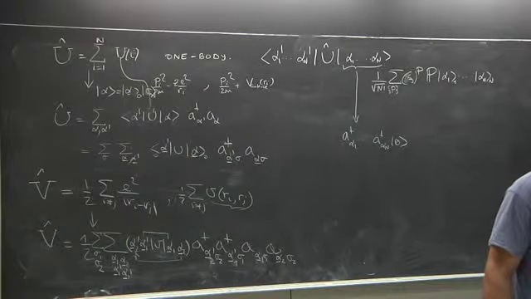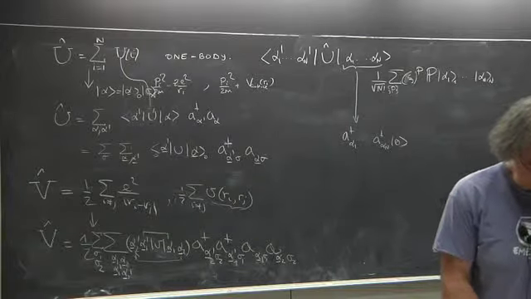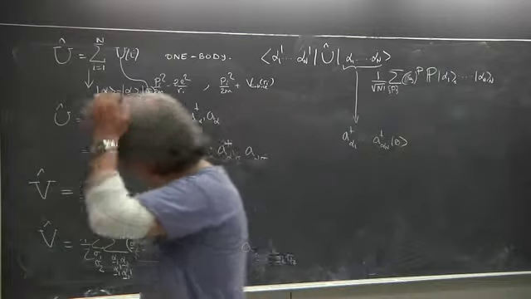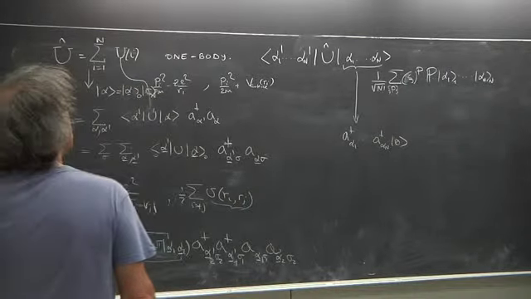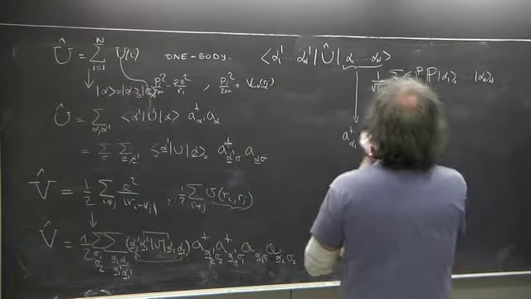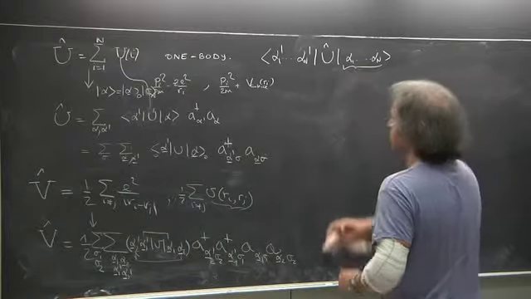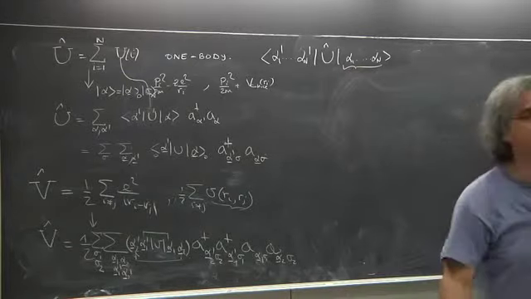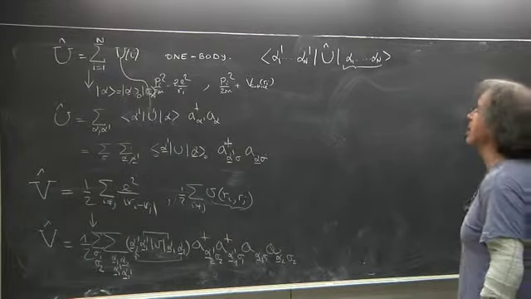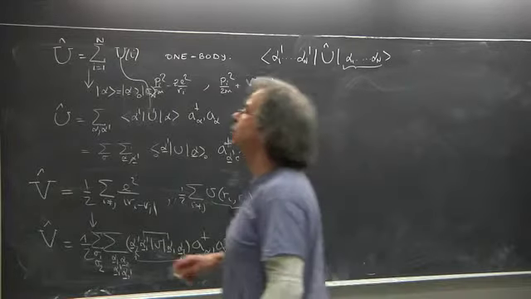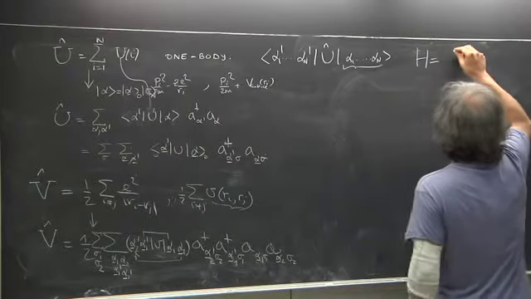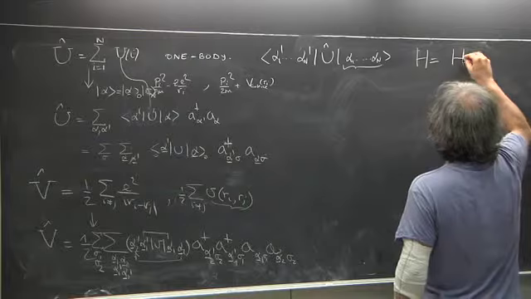Now, what I want to do with you, it's a kind of exercise, but I think it's physically very, very interesting. And it's the following. Suppose that you have some atom, for instance, or a more general system, but suppose it's an atom. And you have a Hamiltonian that is the sum of some one-body terms.